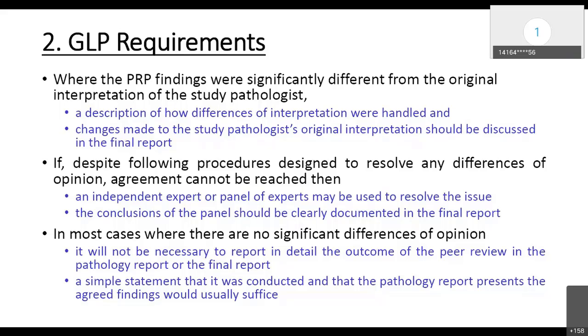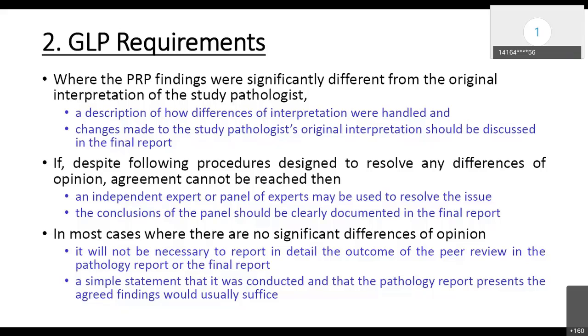As I said on the previous slide, pathologists do not always agree with each other's observations, but they need to arrive at a consensus and agree on the finding, and the agreement has to be reported in the final report.